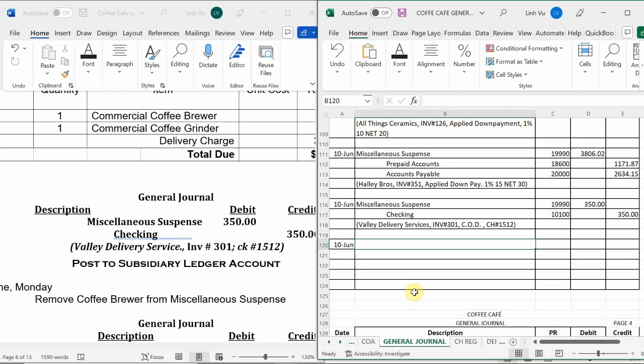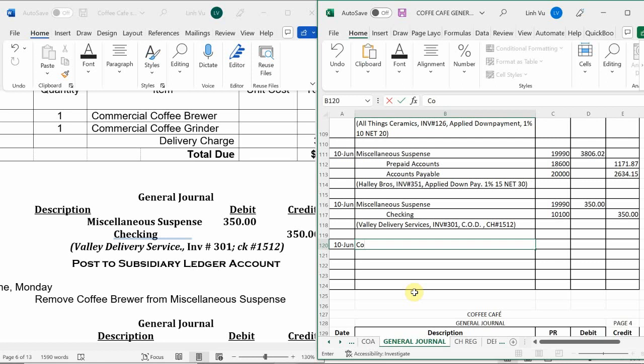From miscellaneous expense, nope. For coffee brewer and grinder, because you do have those accounts. We do, and you'll debit those, and then you'll credit, because you're turning them into assets, and then you'll credit the miscellaneous suspense. Good.